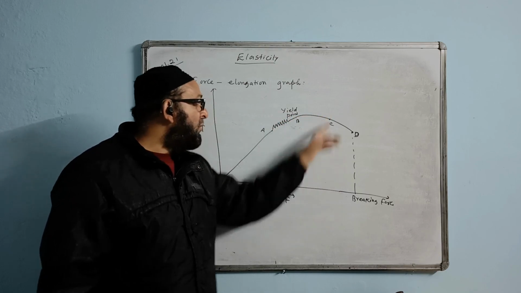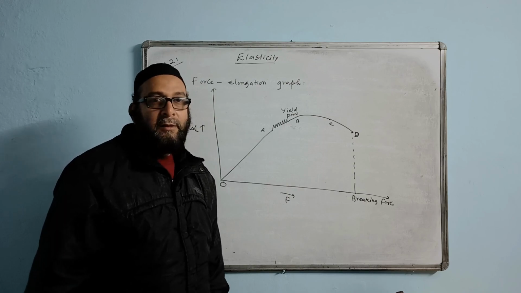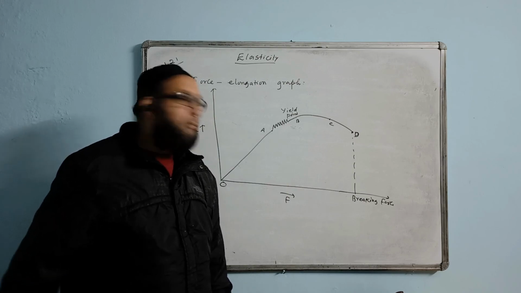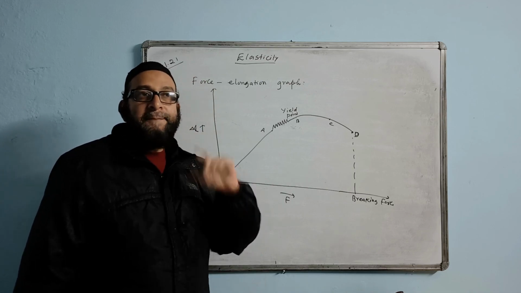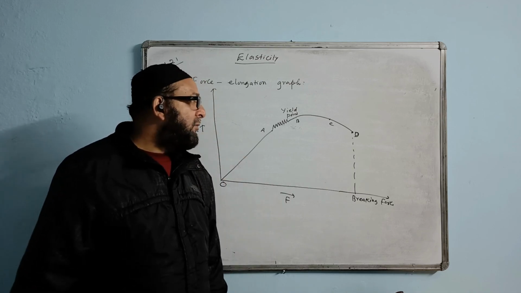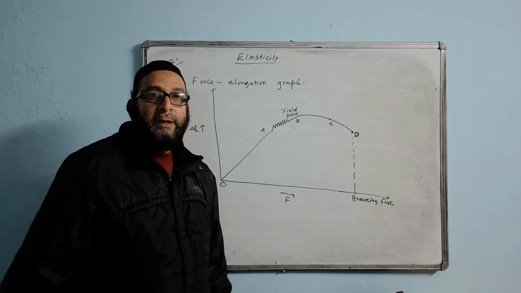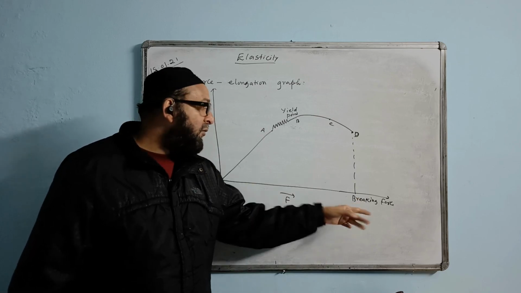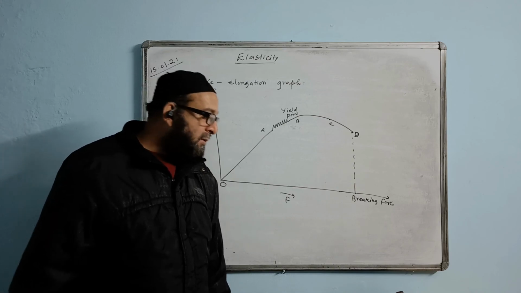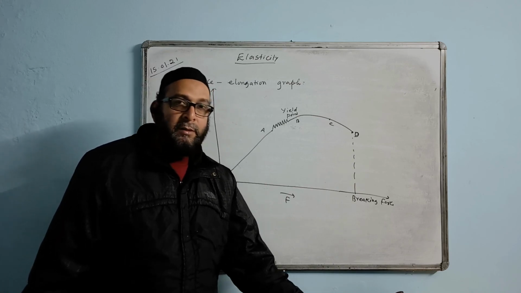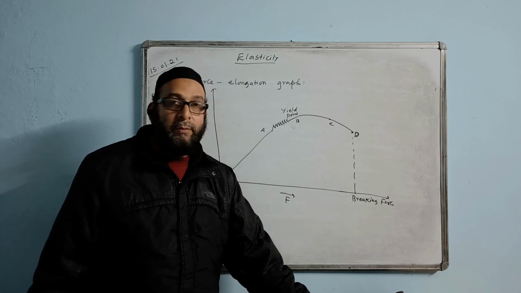On further applying force, the body breaks. The force which causes the body to break is called the breaking force. If the force is taken per unit area, that stress is called the breaking stress. So this was the theory part of this chapter. Next day we will be doing numerical problems.